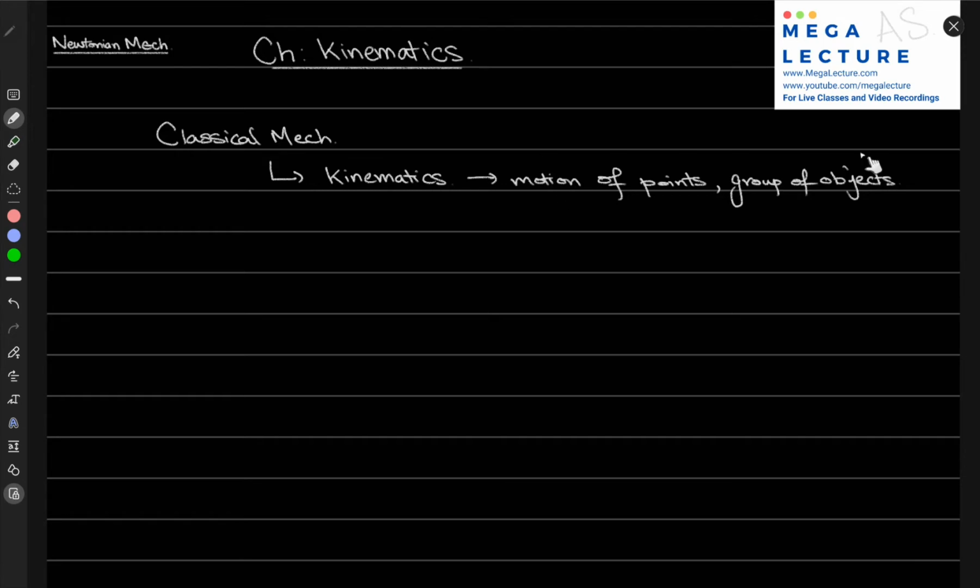But the main thing is that it does not consider the effect of forces on these points or objects, right?